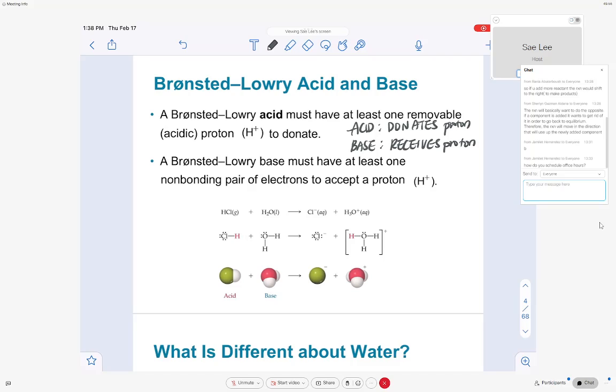In this example, hydrochloric acid is donating its proton to water. See, water now has the proton donated by hydrochloric acid. So hydrochloric acid, which is donating its proton to water, is a Bronsted-Lowry acid.